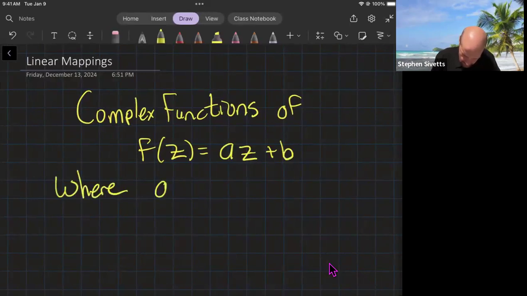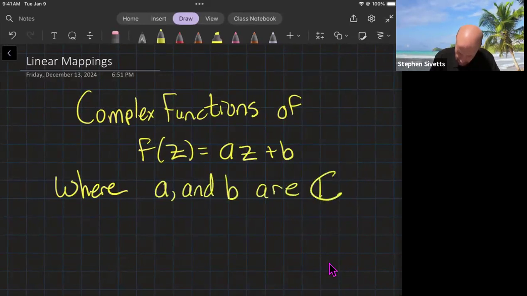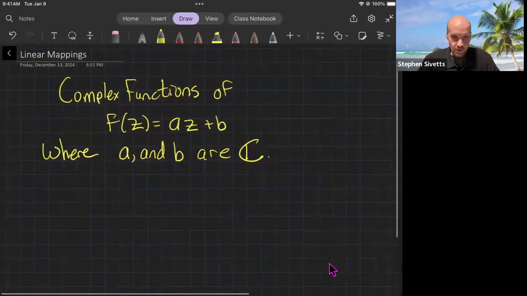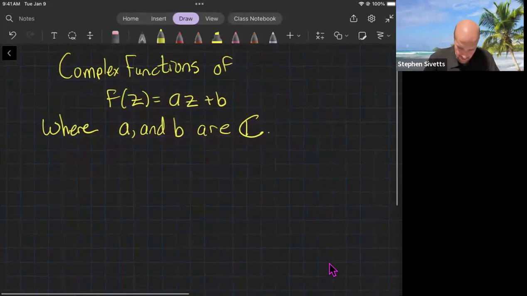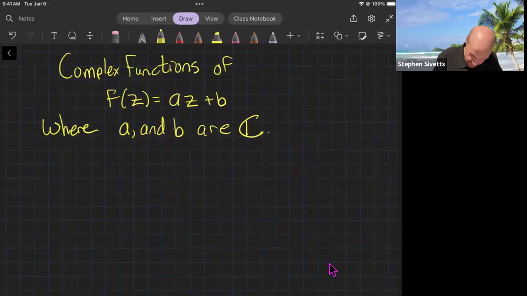Where a and b are complex numbers, right? So these functions will involve three types of transformations. They will involve what is called a scaling.